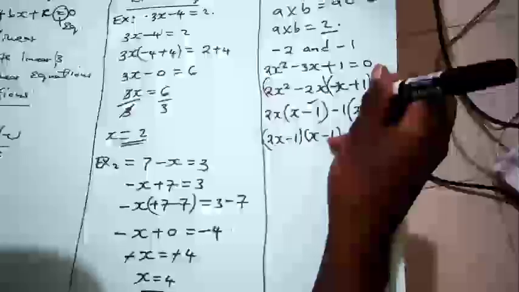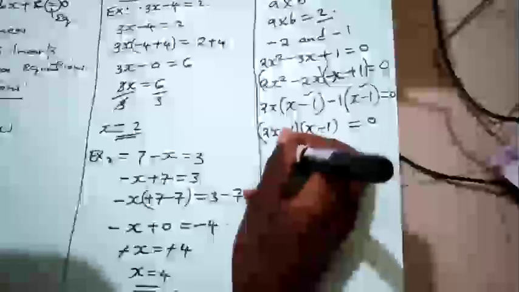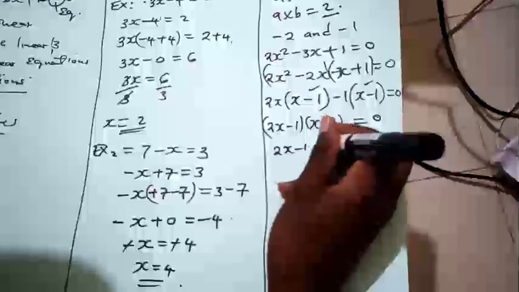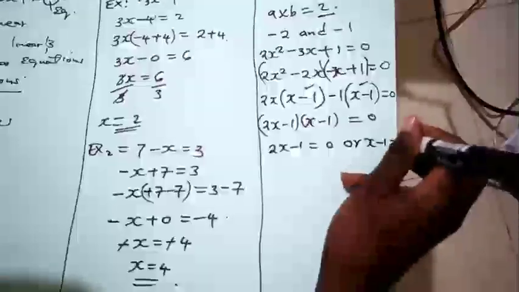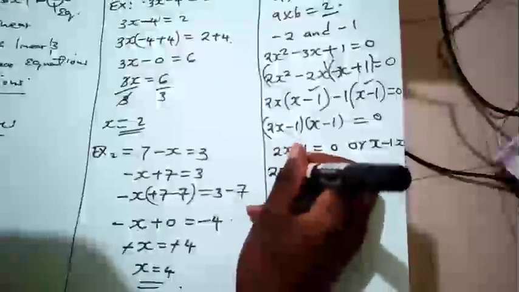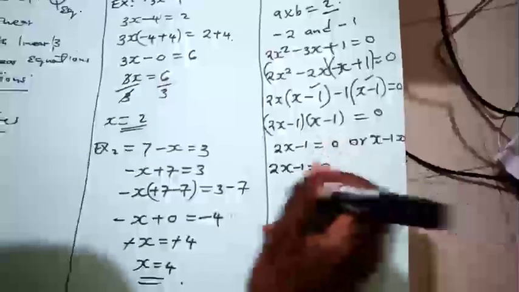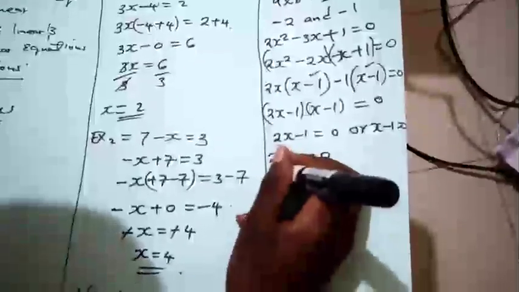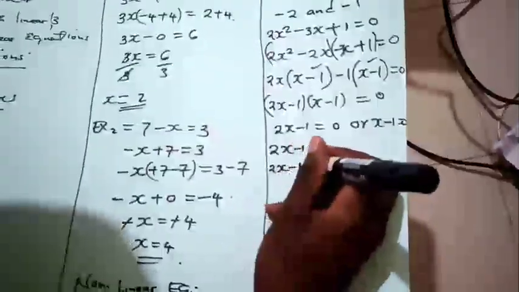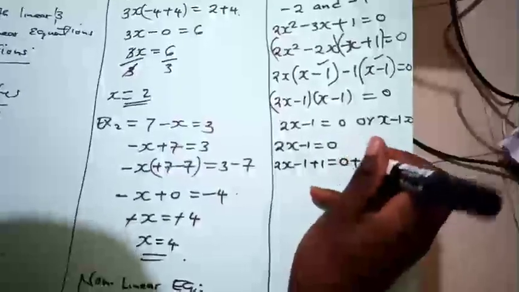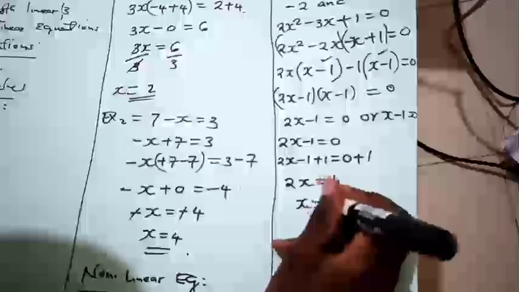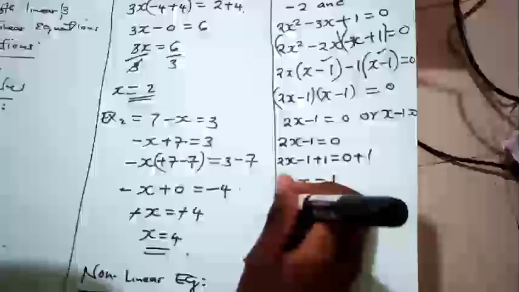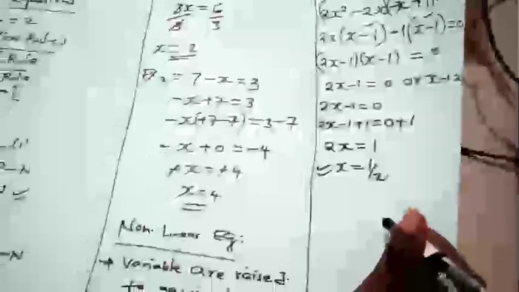The x minus 1 is common, and the product is going to be 0. So 2x minus 1 equals 0, or x minus 1 equals 0. We can solve for the first one first. So 2x minus 1 plus 1 equals 0 plus 1. So 2x equals 1, x equals a half. So that's our first value for x.